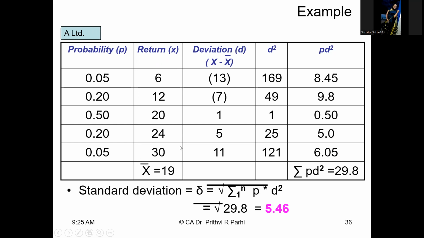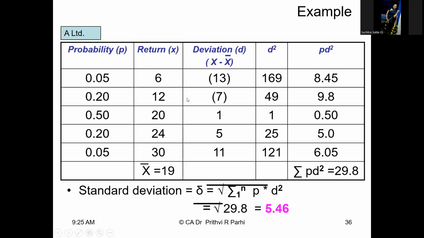So these are the possibilities, and these possibilities are attached with probability. That means there is a 5% chance the return will be 6%, 20% chance the return will be 12, 50% chance the return will be 20, 20% chance the return will be 24, 5% chance the return will be 30. So these are the probabilities, and this is the return. This is called your average return, the standard.